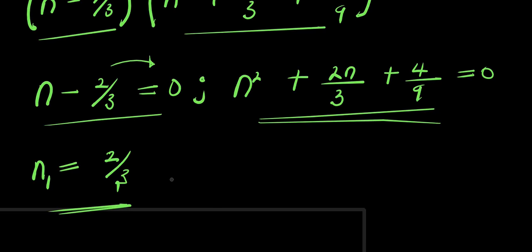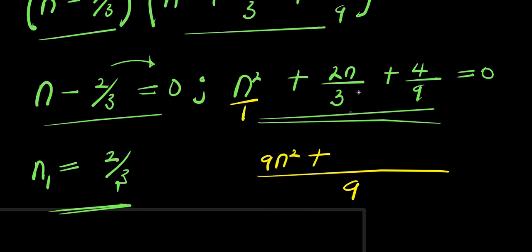For this other one here, we need to find the common LCM, which is 1 here. And the common LCM here is 9. 9 divided by 1, 9. 9 times n squared, that is 9n squared, plus 9 divided by 3, 3 times 2n, that is 6n, plus 9 divided by 9, 1, 1 times 4, we have 4.